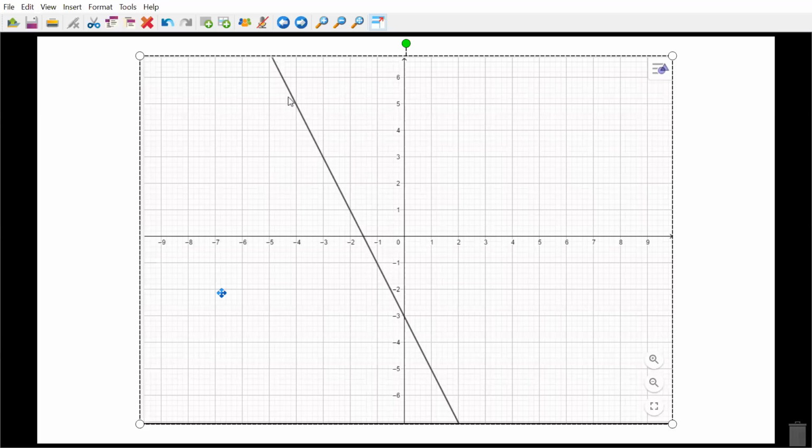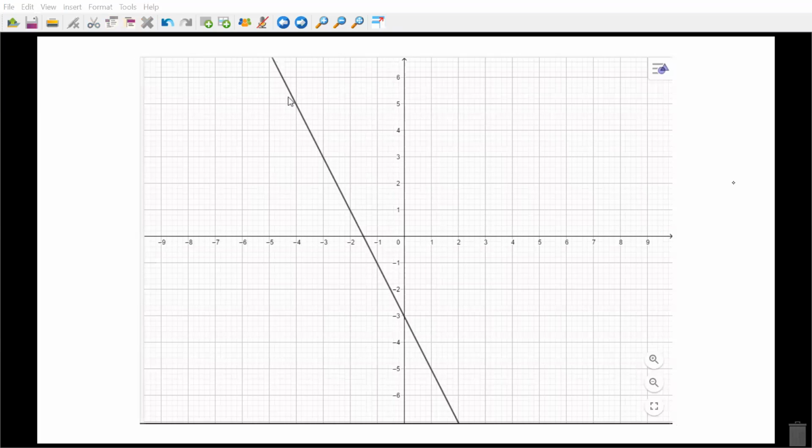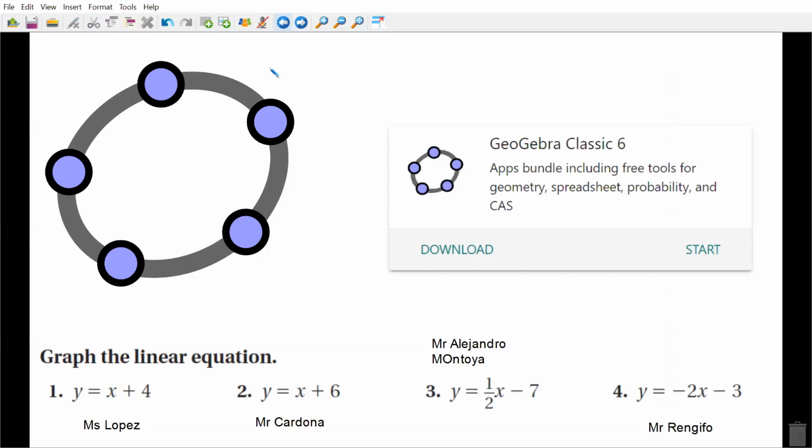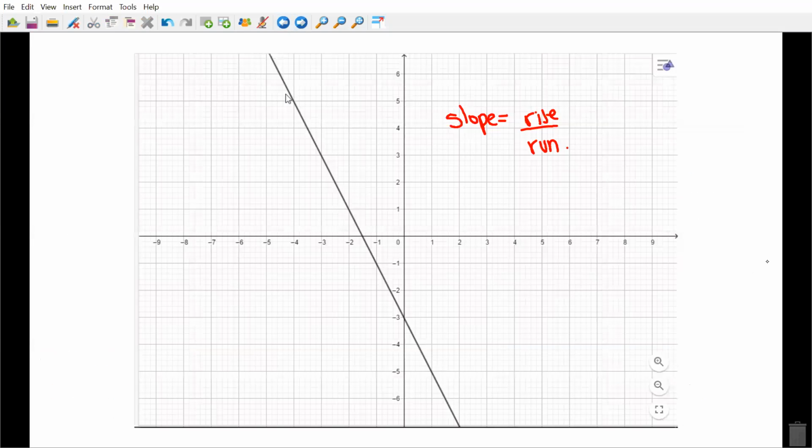Now, guys, remember we talked about something called slope. And we said that slope was going to be rise divided by run. Remember? Now the equation of Mr. Rengifo was y equals -2x minus 3, right?